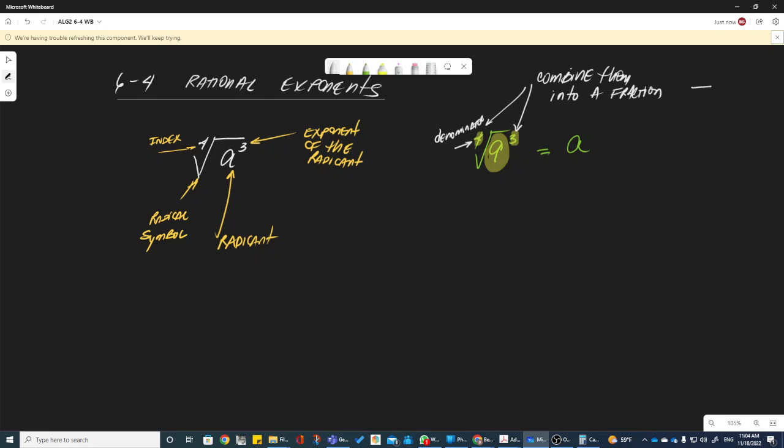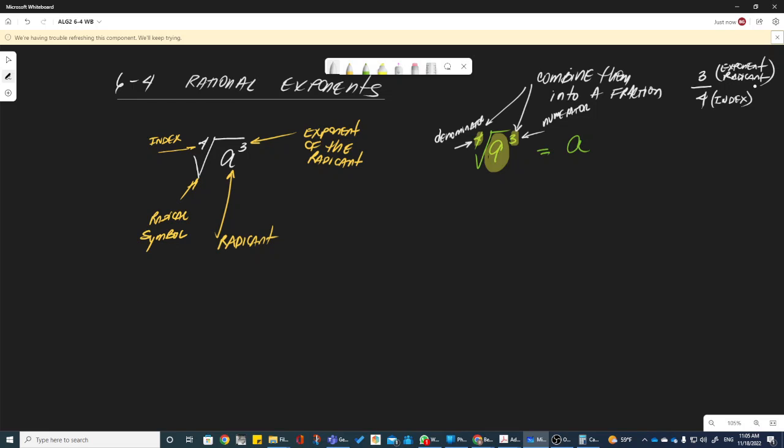So the 4, which is the index, becomes the denominator. And the number inside becomes the numerator. So you're gonna put the 3 on the top, and this is the exponent of the radicand.